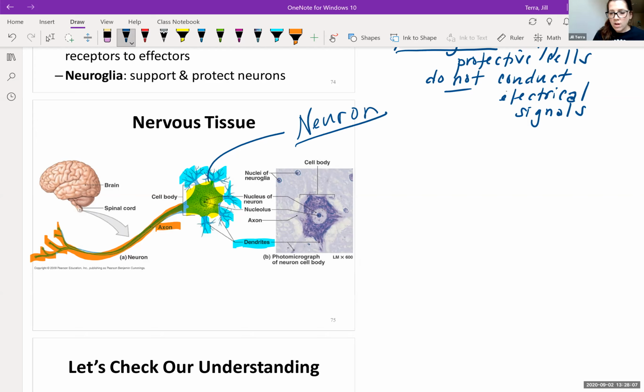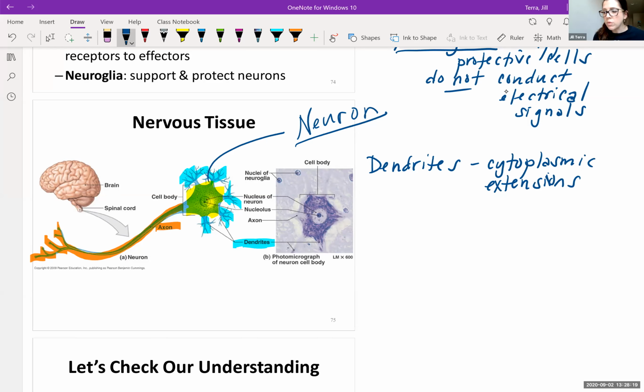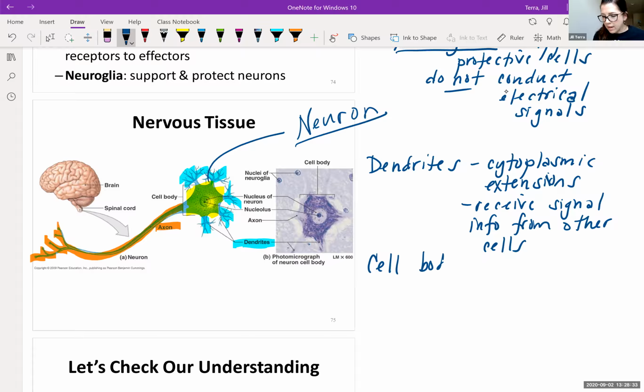And so kind of the different parts are that the dendrites are these cytoplasmic extensions that receive information, receive signal from other cells, okay? The cell body contains the nucleus.